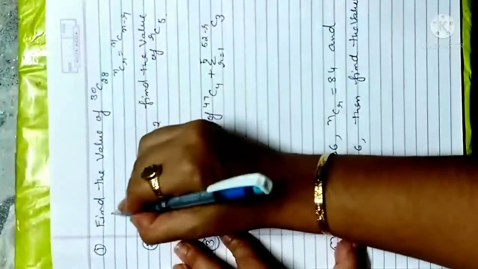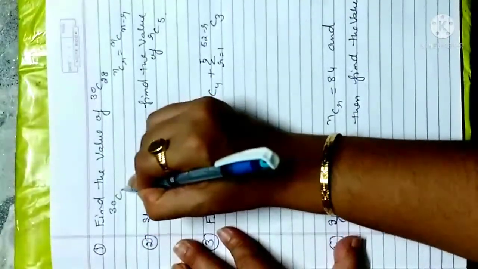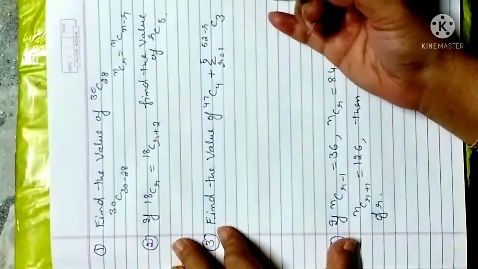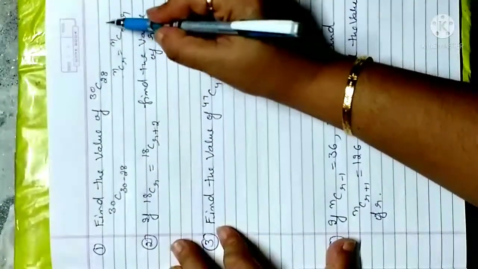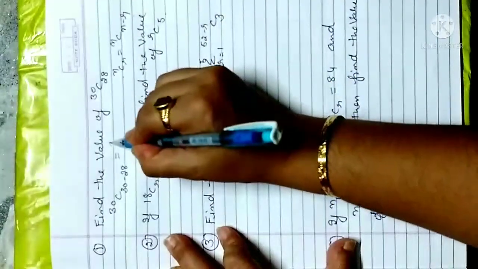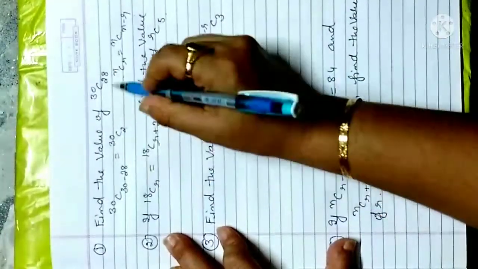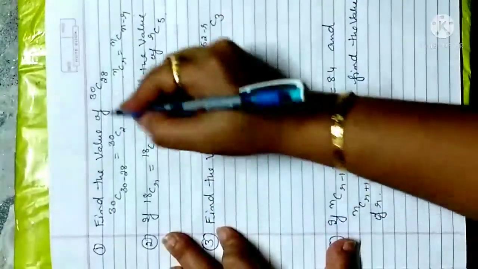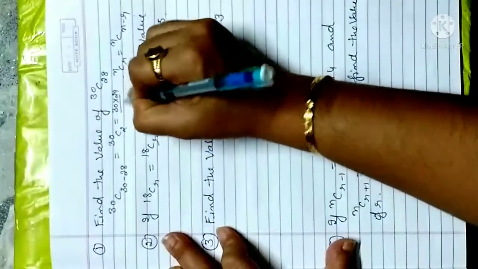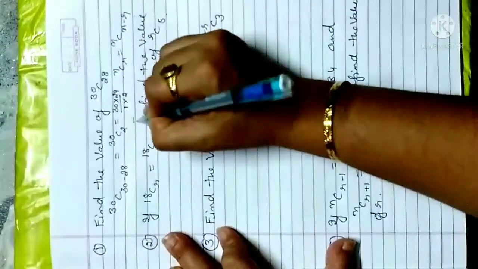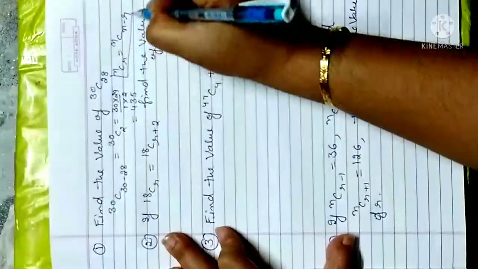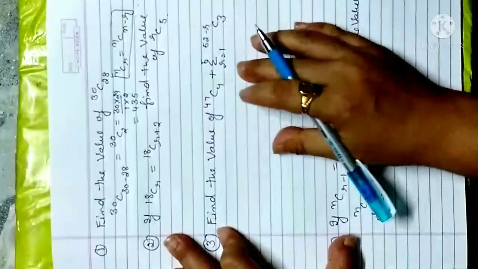I will write 30C(30 minus 28), because the value is the same. Whether you expand by this method or that method, the value is the same. So that becomes 30C2. Now 28 is reduced to 2. Now you just expand: 30 into 29 by 1 into 2, which gives you 435. So we have to apply this formula here.